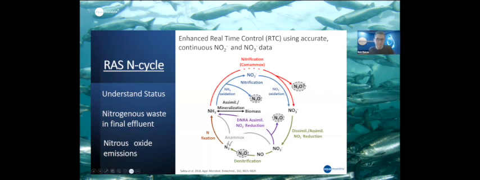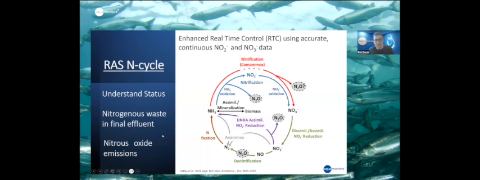As we can see here within the nitrogen cycle, nitrite and nitrate are key parameters. By having the real-time data on both these parameters, it provides the operator with a better understanding of the current status within their system.